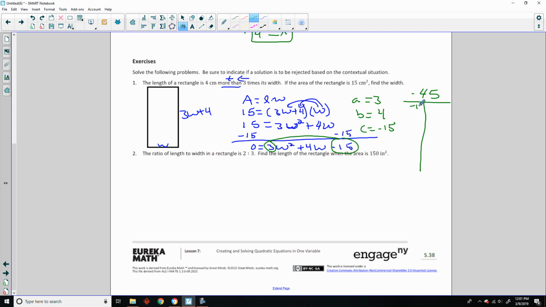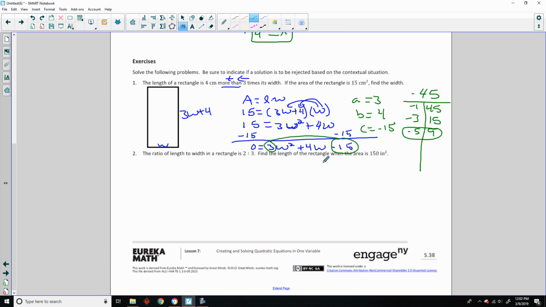So negative 1 times 45 adds up to 44. That is not 4. Negative 2 doesn't work. 3 does: 3 goes into 4 once, and 15 5 times. So negative 3 times 15 is negative 45, but 15 minus 3 is 12. That is not 4. Keep going. 4 will not work. 5 will. 5 times 9 is 45, and 9 minus 5 is 4.